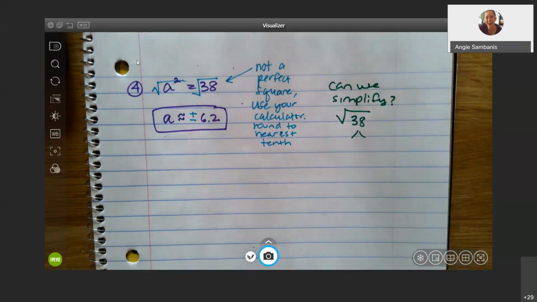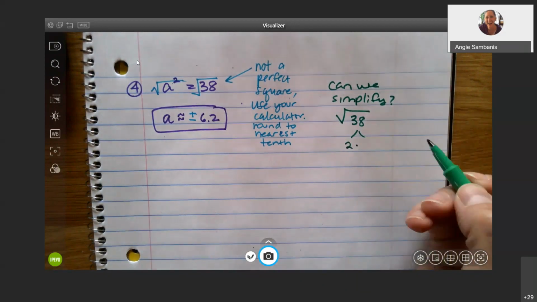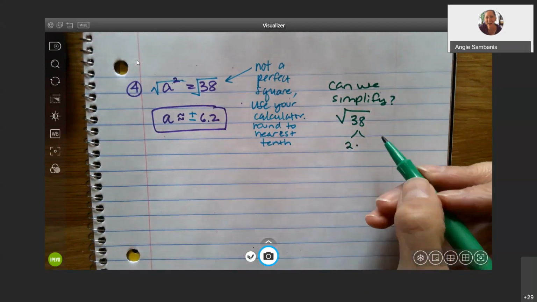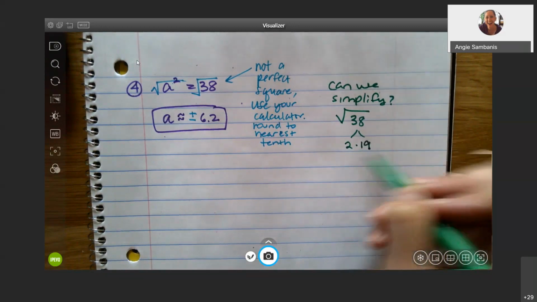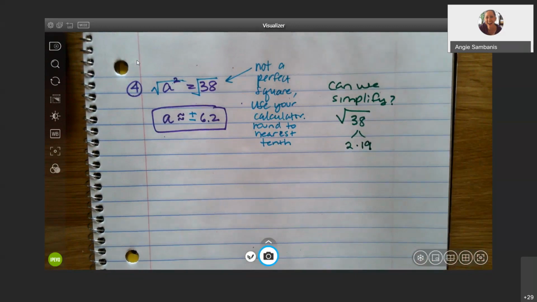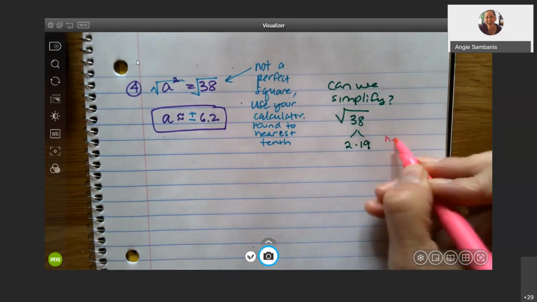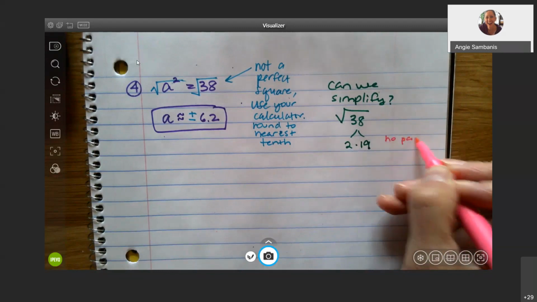Can 38 break down? What can it break down to? All right, it's an even number, so for sure 2. 2 times what? Thank you, Adeson, thank you, Juju. Yeah, 2 times 19. Now, these are our prime factors, and there's no pairs of the same numbers.